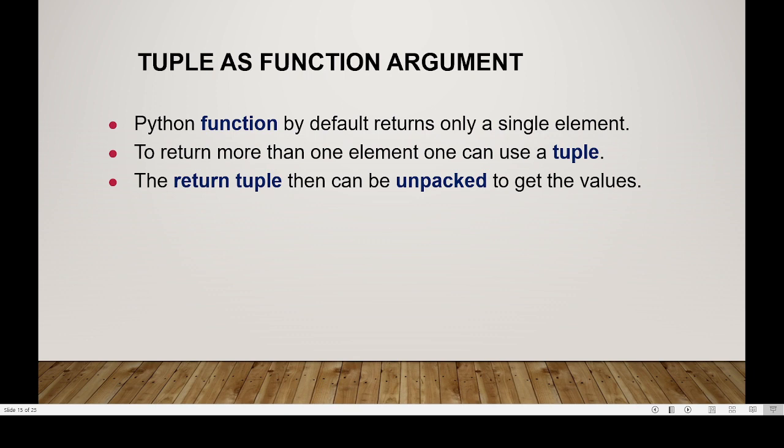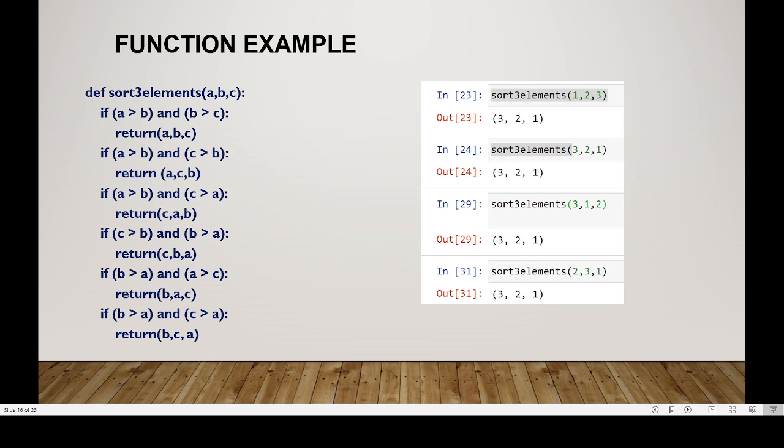Another very important and interesting feature of tuple is in functions, because a function in Python returns only one value. Using tuple, one can send multiple values to the calling program. Here I have shown an example where sort 3 elements is used to sort a, b, c and return them in descending order.